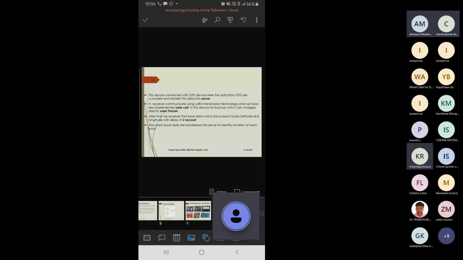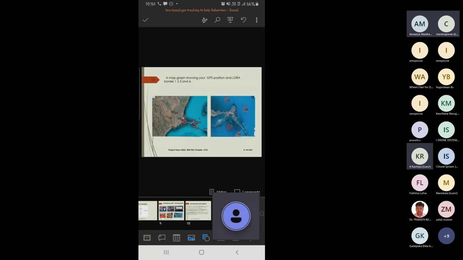In this device, for backup, we can charge directly using a solar panel. After that, we receive the board's data, which shows each board's latitude and longitude with a delay of 2 seconds, as we pre-programmed. Then each board's data is transferred to the server to identify the location of each board.